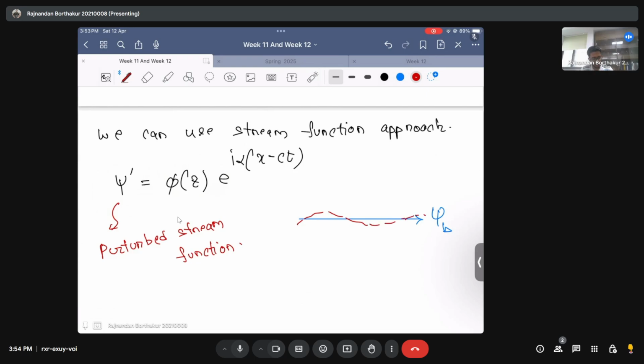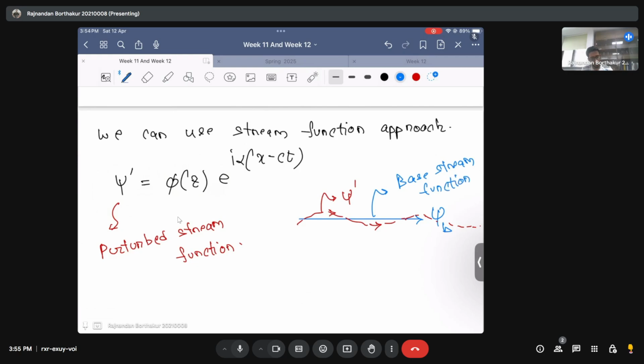It will have variations along time, and along x, and z as well, of course. So this is psi prime, the perturbed stream function relative to the stream function of the base flow, which you can call the base stream function.